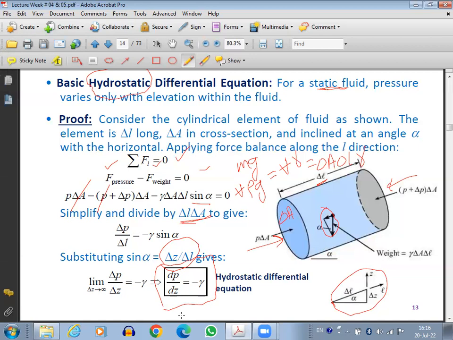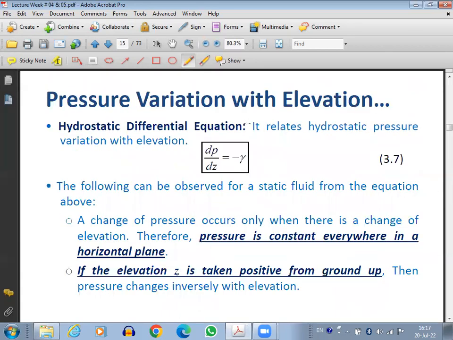So if I have a fluid which is not in motion, it is static, the pressure in the fluid will vary with elevation only. And how much is this variation?